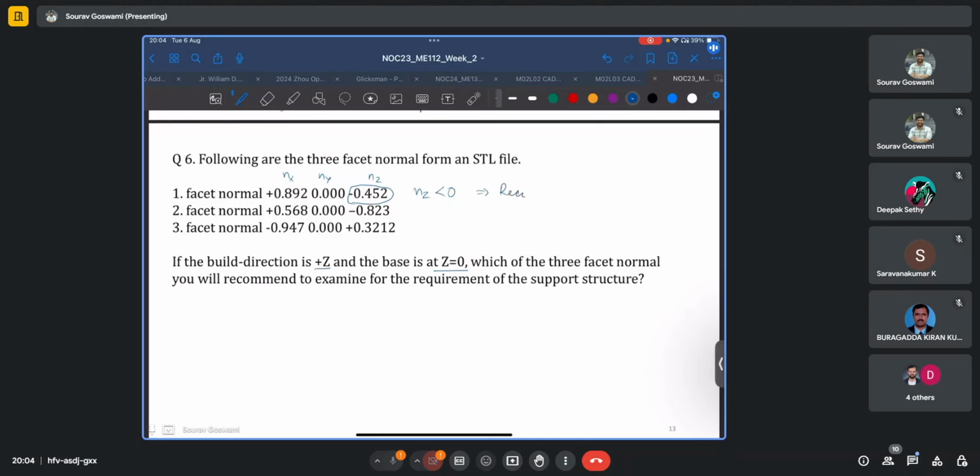Thus, we should recommend it for checking whether the support structure is needed or not. For the second facet normal again, nz is less than 0, and thus even this should be recommended. For the third case, nz is greater than 0. This clearly implies that support structures are not needed.